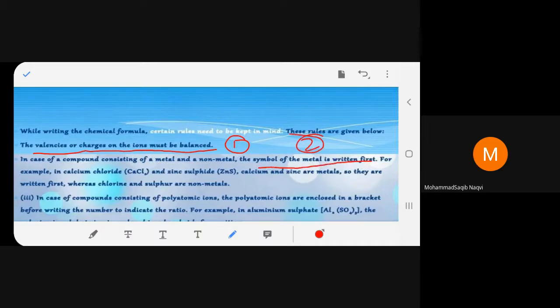Whenever you are having a combination of, say, a metal and a non-metal, for example, sodium chloride. What is sodium, beta? It is metal. And what is chlorine? It is non-metal. Right? So what comes first? Metal comes first. All of you understood?